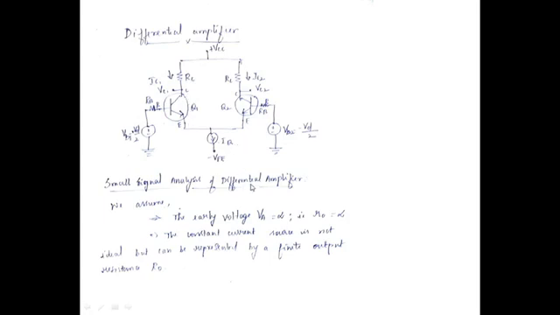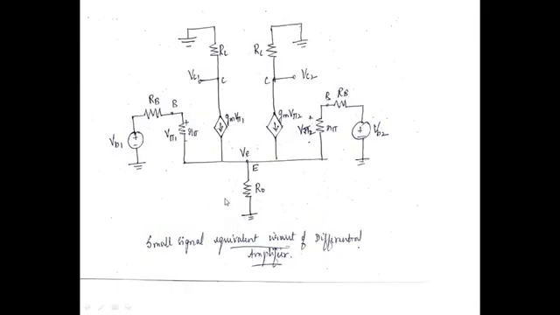Now let us look at the small signal circuit diagram of a differential amplifier. Here comes the small signal equivalent circuit. As I've already told, VB1 in series with RB is present, and the transistor is replaced by R pi between the base and emitter terminals, with the voltage across the resistor given by V pi 1.